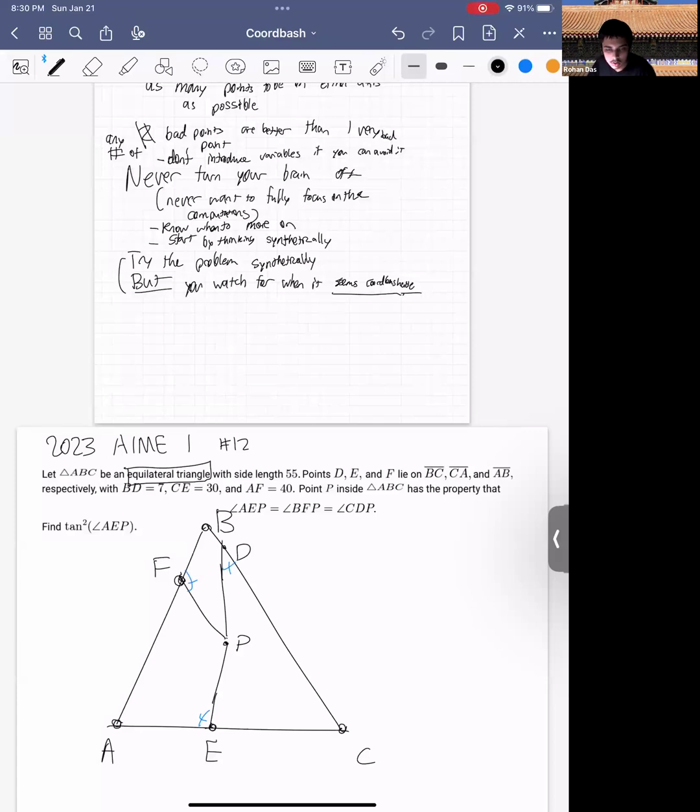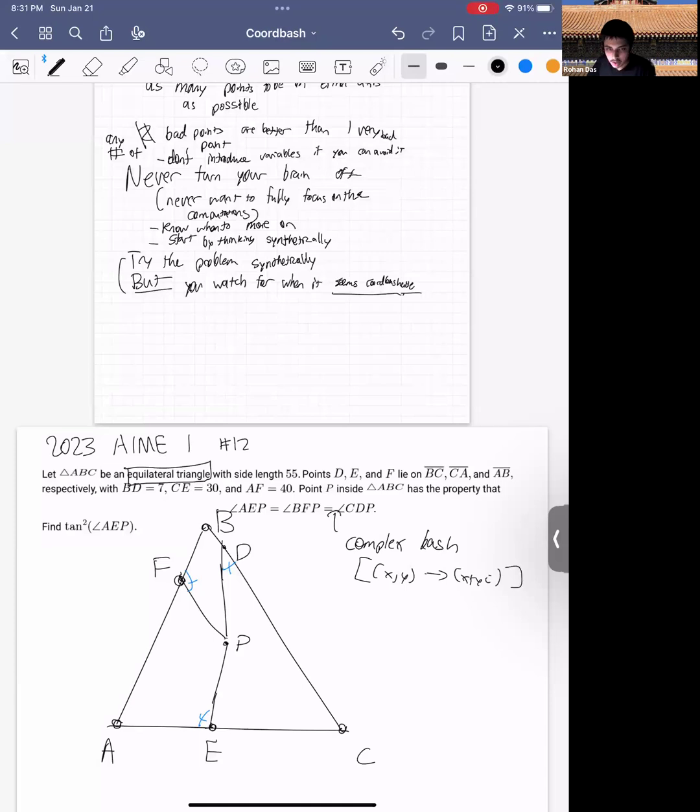And during the AIME last year, I made the huge mistake of trying to incorporate this angle condition into a complex bash, which is basically coordinate bashing, but you replace x, y with x plus yi.